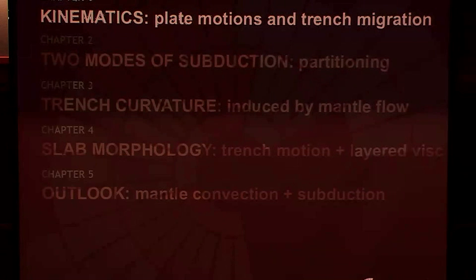And then the slab morphology, because we have people who have spent a lot of time looking at seismic images, so maybe we'll try to make some sense of a few snapshots. It's a product of the trench motion on the surface interacting with the stratification of viscosity in the mantle. And then I want to show you what the state of the art is in a couple of different directions on subduction and how it's getting added into convection models.